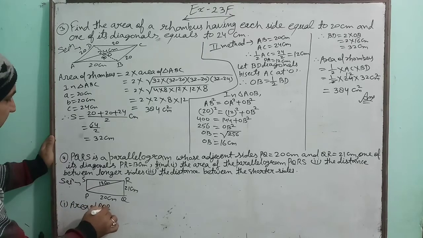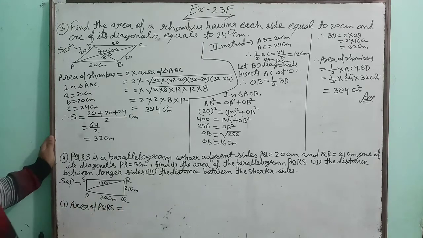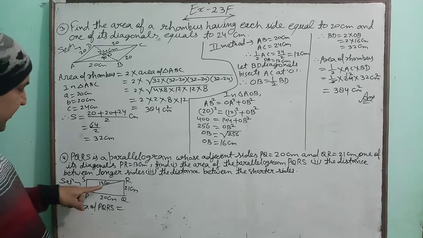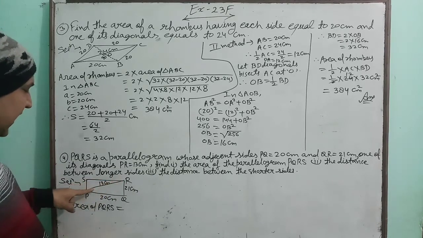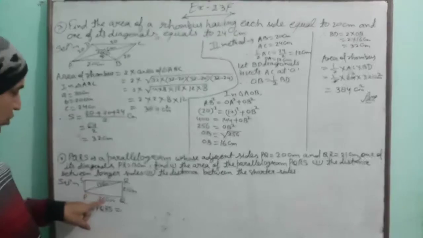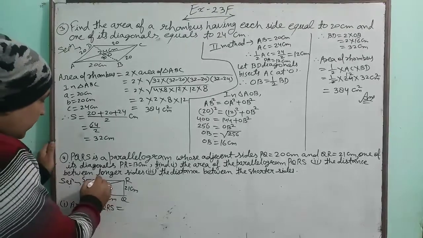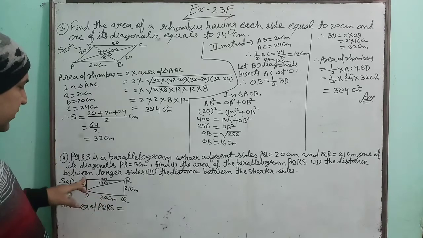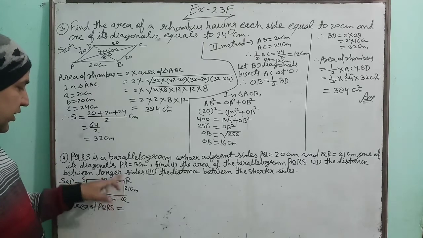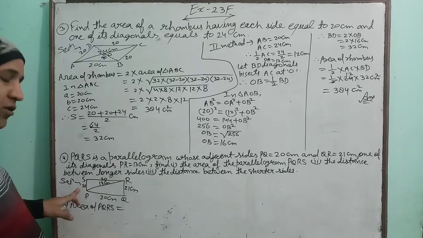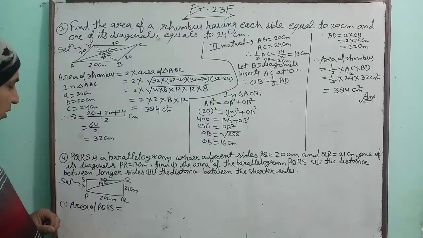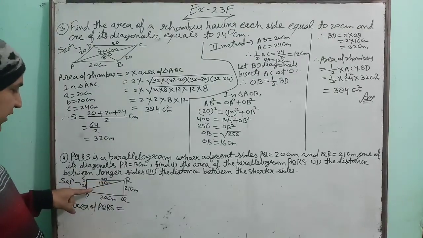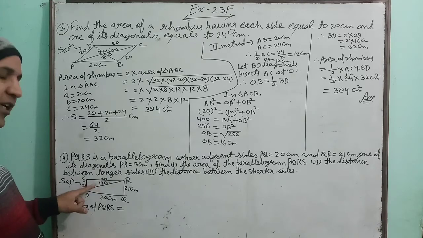Area of PQRS. Again children, you can see in a parallelogram one diagonal is given here. So in a parallelogram we know that opposite sides are equal. PQ is 20 means SR is also 20. QR is 21 means PS is also 21. So here you are watching that this diagonal is dividing it into two equal triangles.